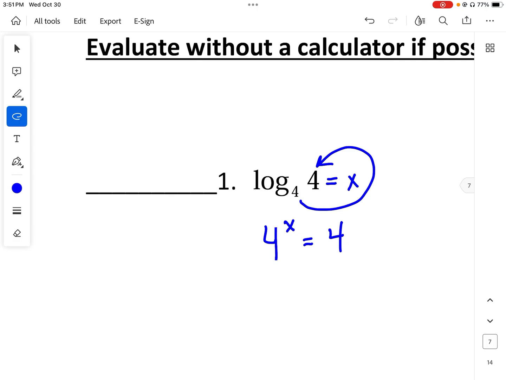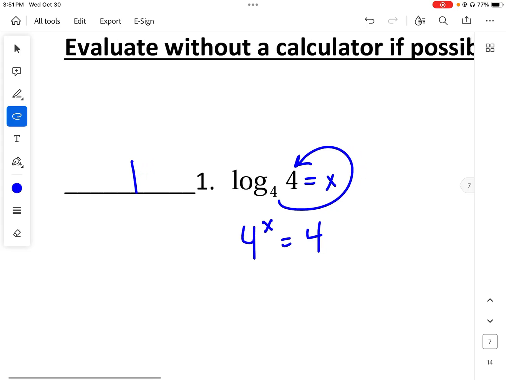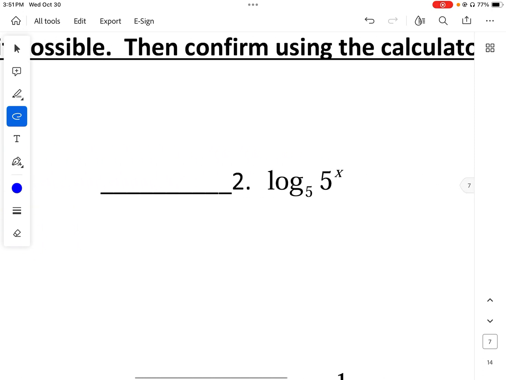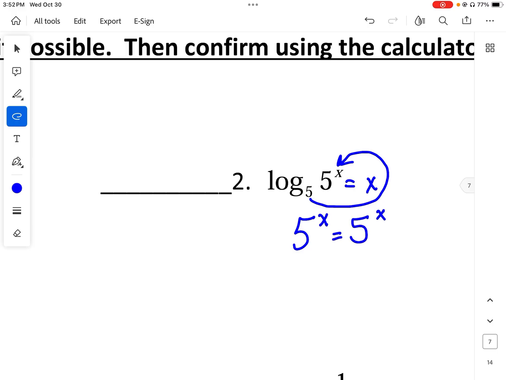So x equals 1. Okay, number 2: 5 raised to the log base 5 of x equals x. So what is that going to be? x.